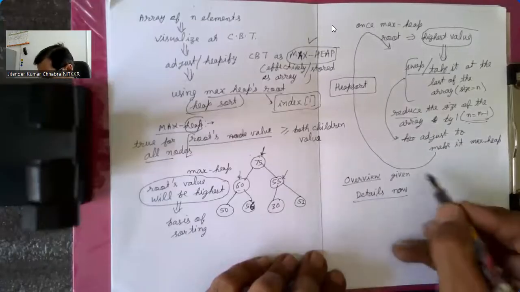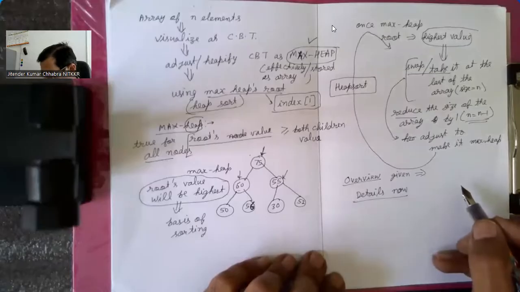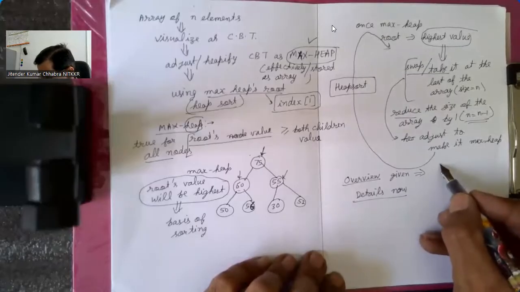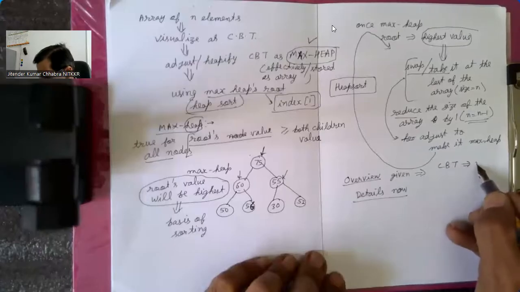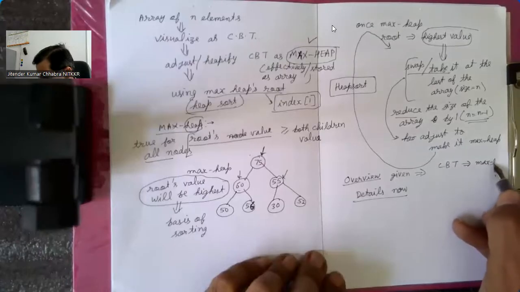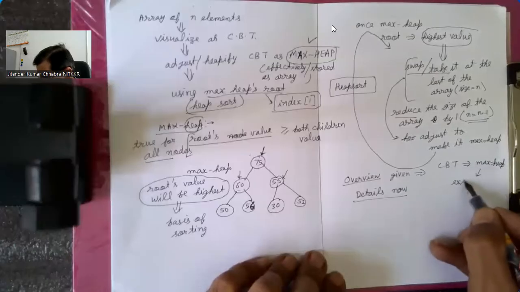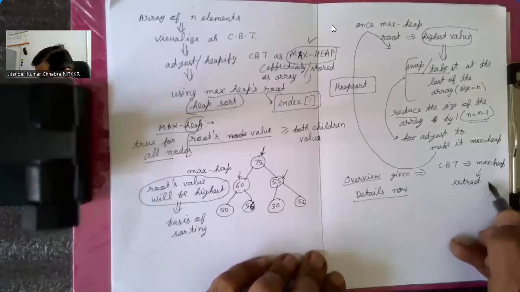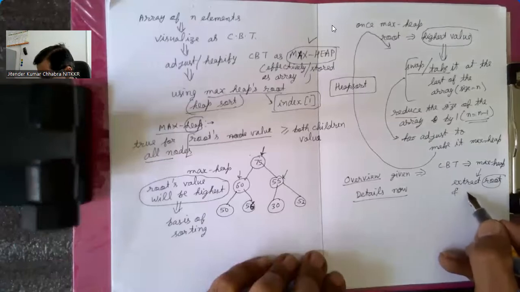So overview effectively: I have taken an n-element array, considering it as a CBT. Over the CBT, I have converted or adjusted it to become a max heap. From the max heap, keep on extracting the highest element: extract your root, replace it, reduce the size and consider the shortened list.